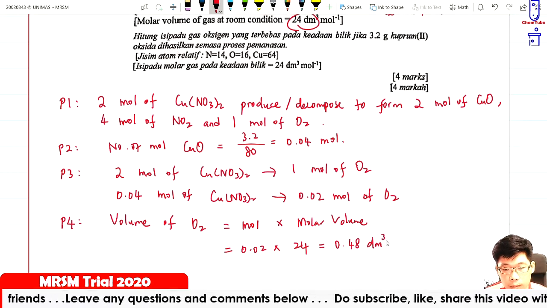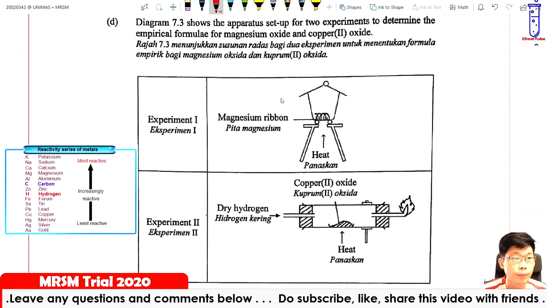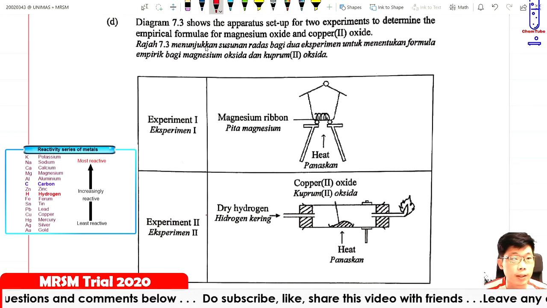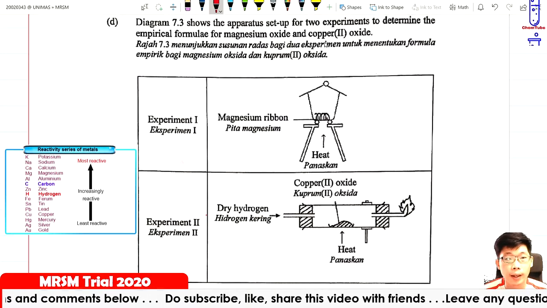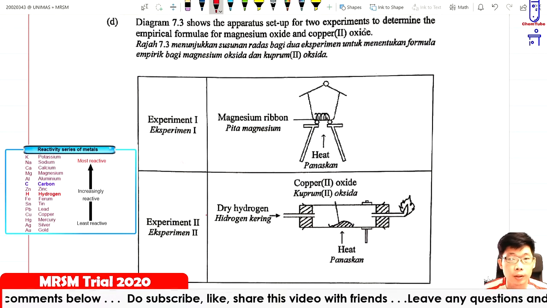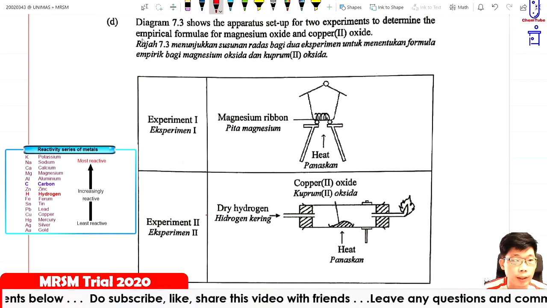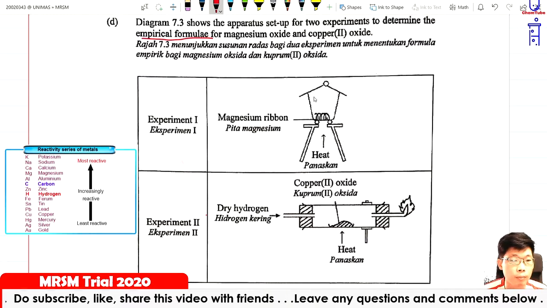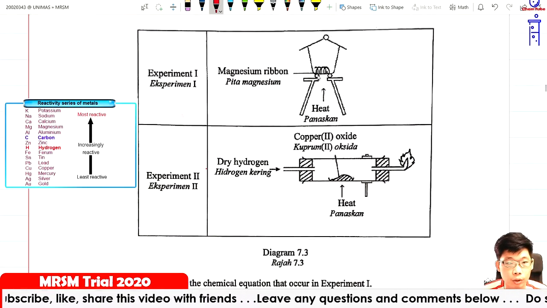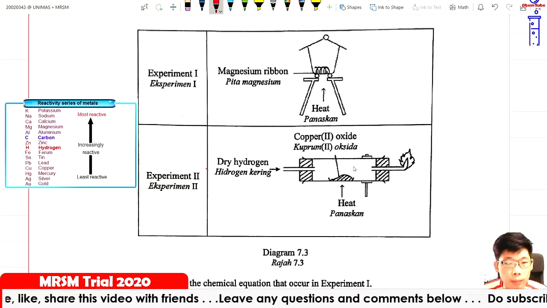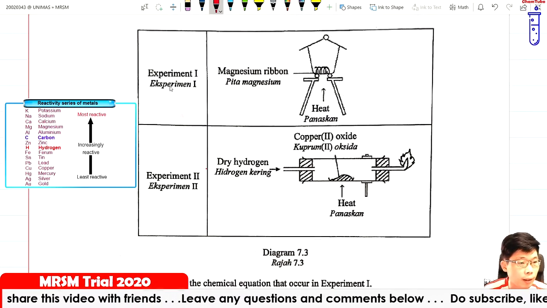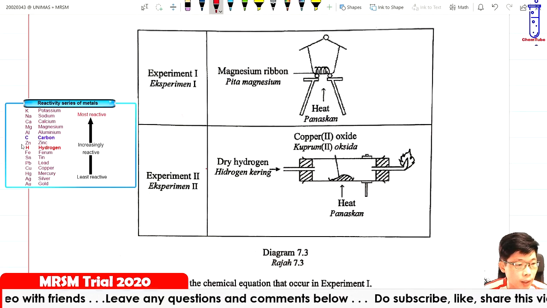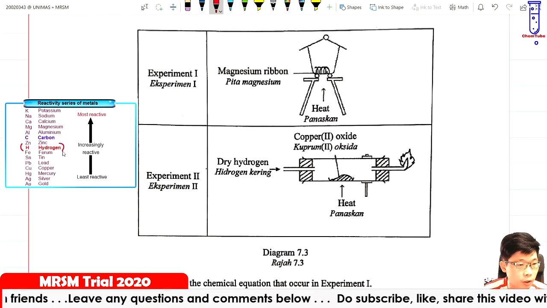So this is the diagram shows the apparatus for 2 experiments to determine the empirical formula for magnesium oxide and copper 2 oxide. So in the SPM level, again, empirical formula, we have two methods here, method 1 and method 2. So how do we determine which method do we use? So I provide a reactivity series here. So this is the location of the hydrogen.